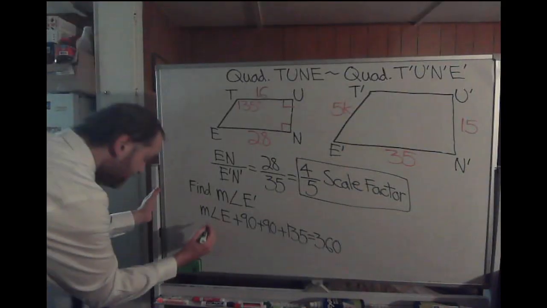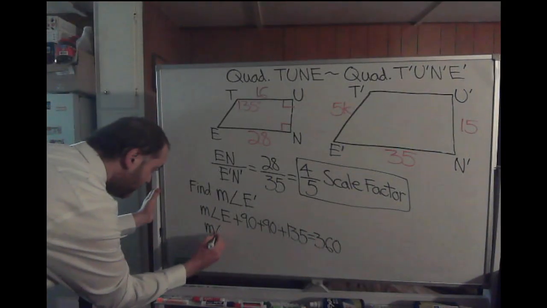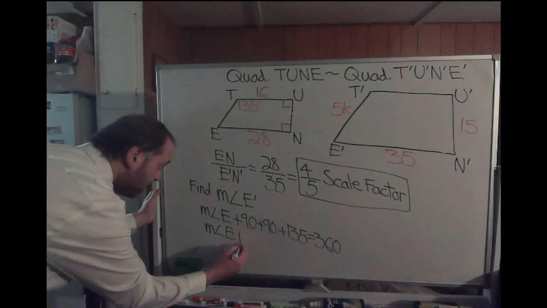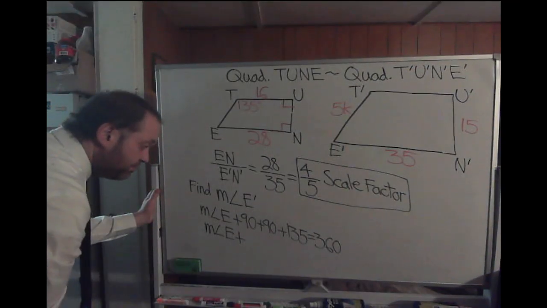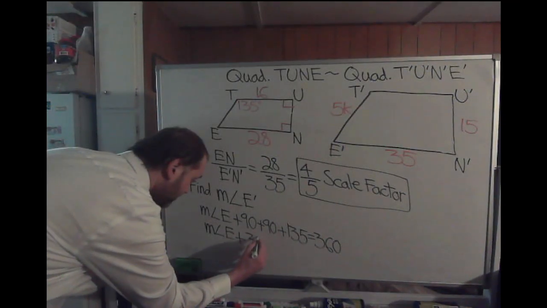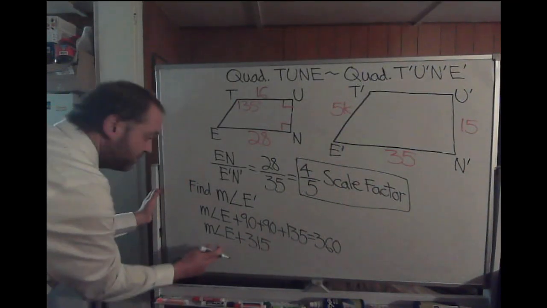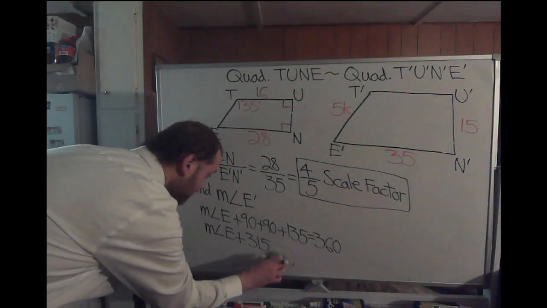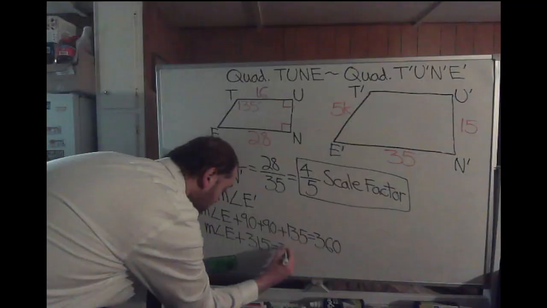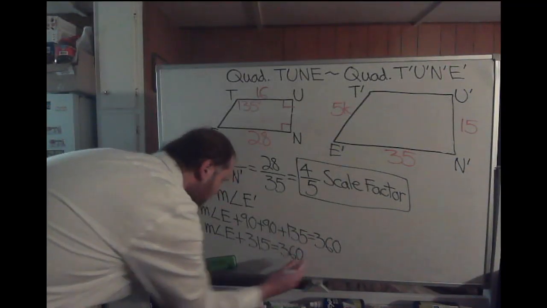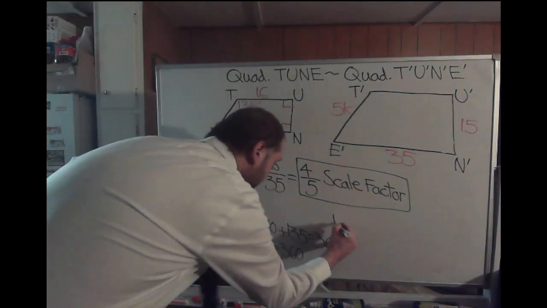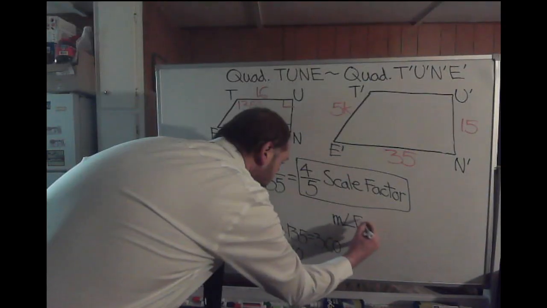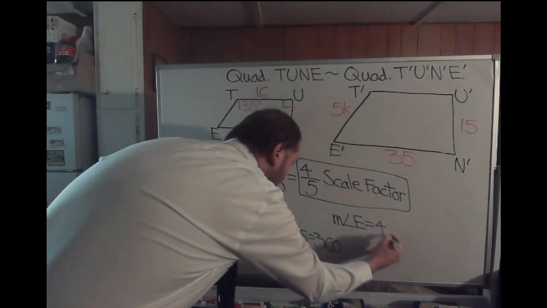Well, so what this would turn into then is that the measure of angle E, so then you'd have 180 plus 135, that'd be 315. The measure of angle E plus 315 would equal 360, which could only mean that the measure of angle E itself would be equal to 45 degrees.